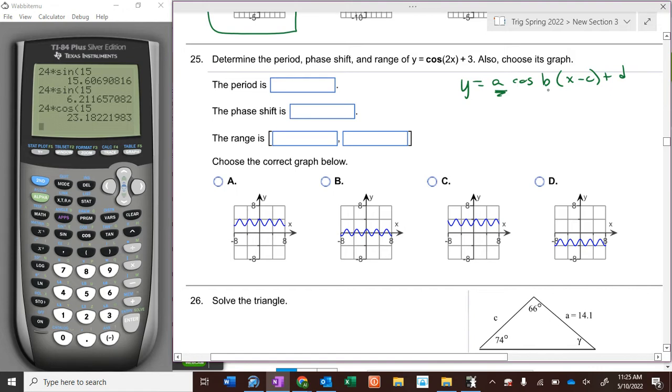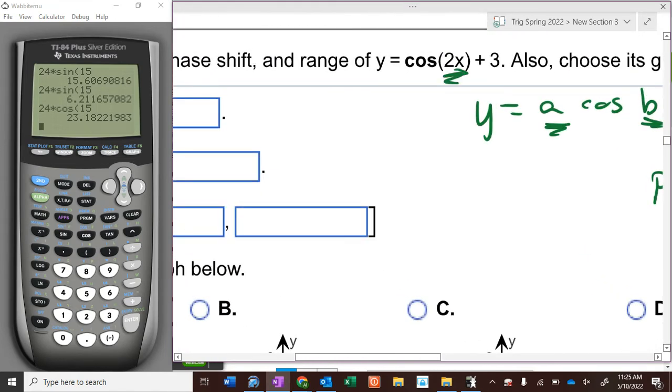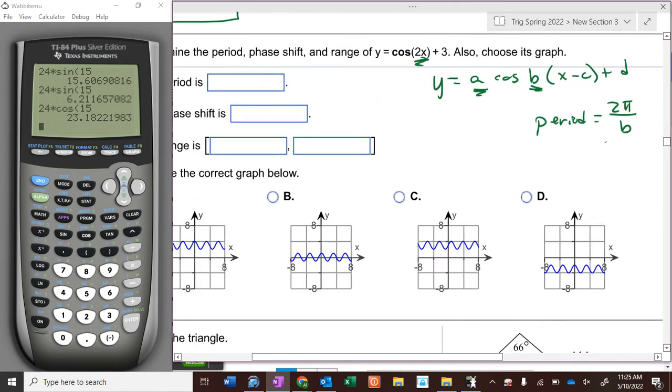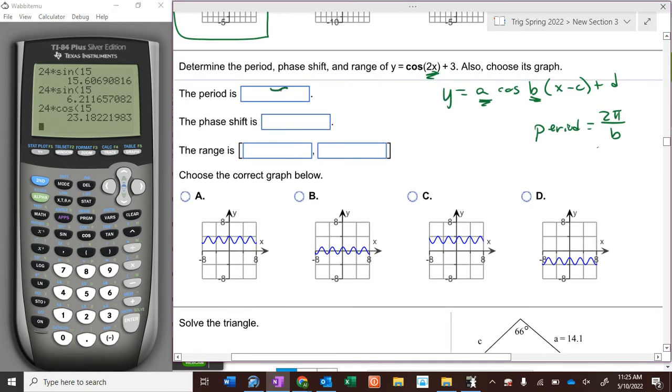Okay? The period is what? Well, the period is 2 pi divided by b. Well, what's b? 2. So if you take 2 pi divided by 2, your period is pi. Your period is pi.